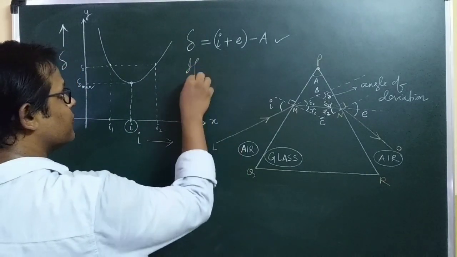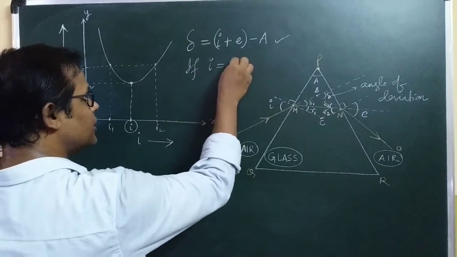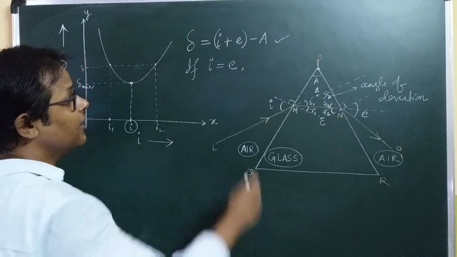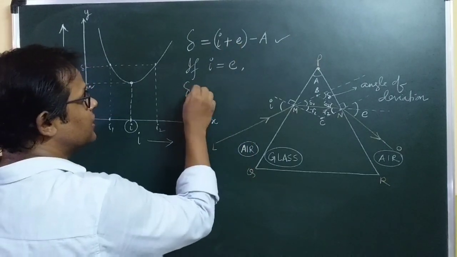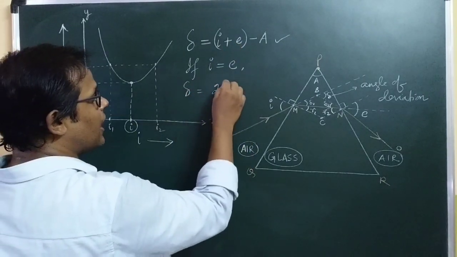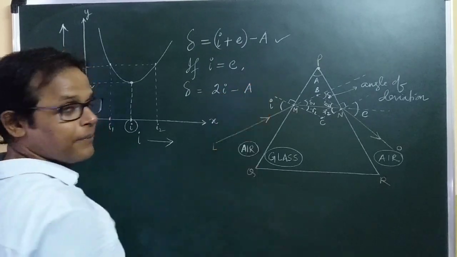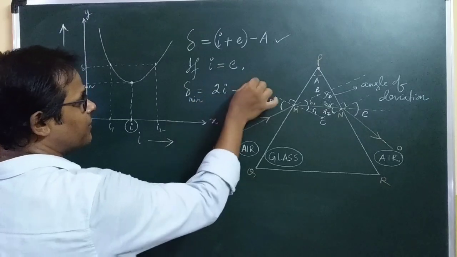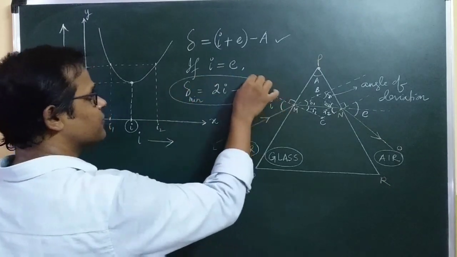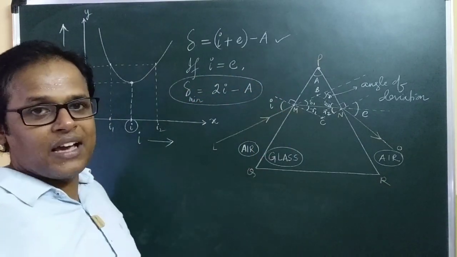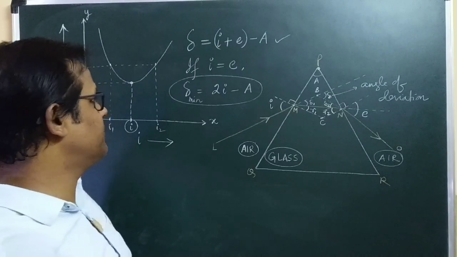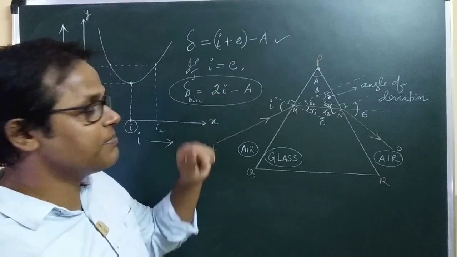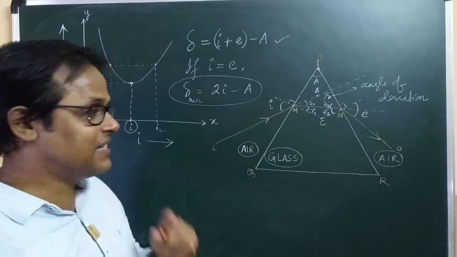So if I becomes equal to E, then you can see in the expression you will get 2I minus A. So then this delta is called delta minimum. This is the expression for the minimum angle of deviation: the minimum angle of deviation is equal to twice the angle of incidence minus the angle of the prism.